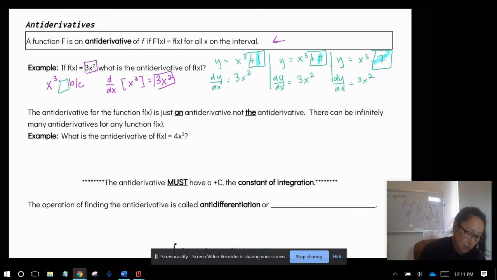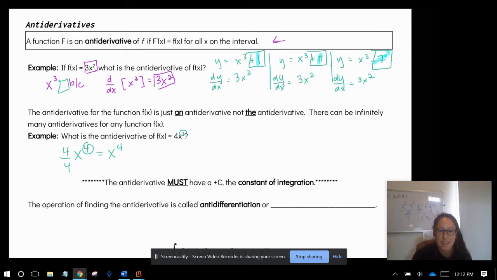And the way we do this is we take the antiderivative of 4x to the third power, I'm going to raise the power up 1, so x to the fourth. And then I take my constant that was already there, and I divide by whatever power there was. So the antiderivative of 4x to the third would be x to the fourth.